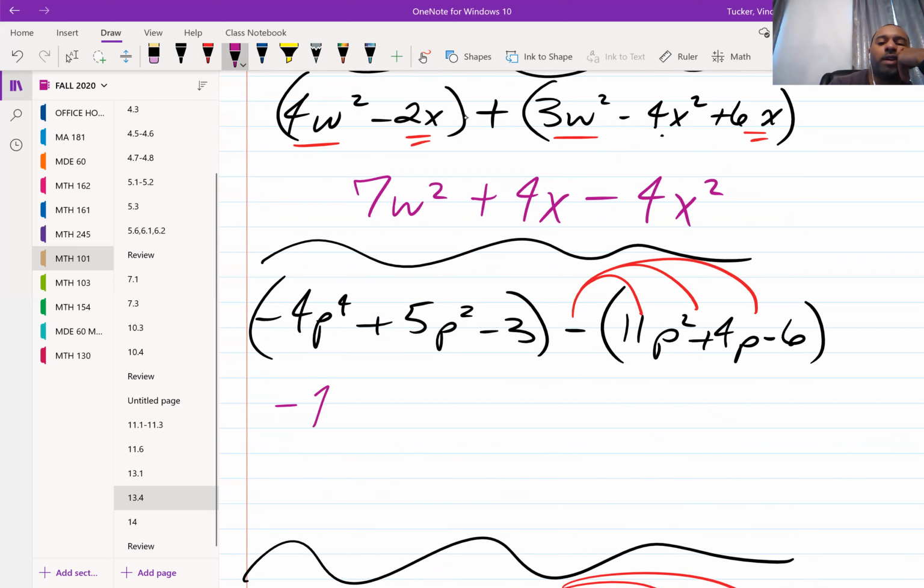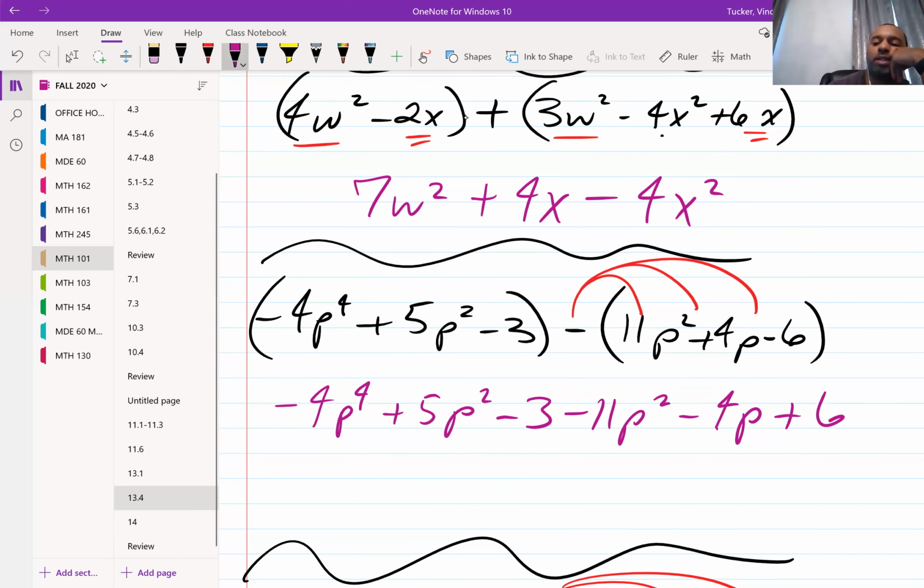So the result of that is that the first set of terms will stay the same, and then the minus sign will change the sign of each one of the ones that follow. So it'll be a negative 11p squared minus 4p plus 6. All right, any questions?